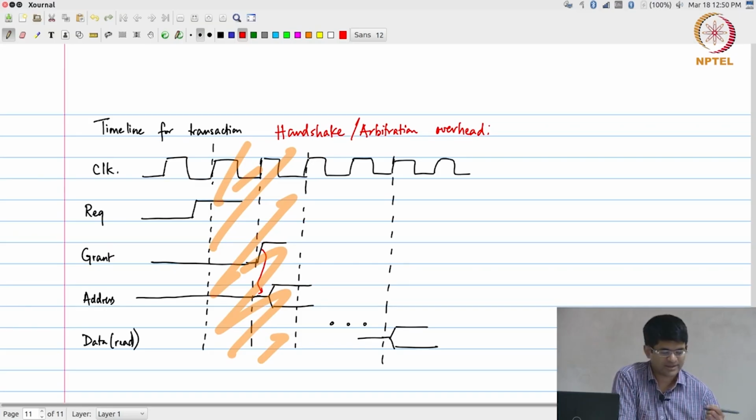Okay. So, in the simplest form that I can implement a bus like this, it is going to be terribly inefficient. Obviously, there are ways around it. Even from the way I described it, we can think of ways around this. One of them is to use a so called burst mode of transaction, right.